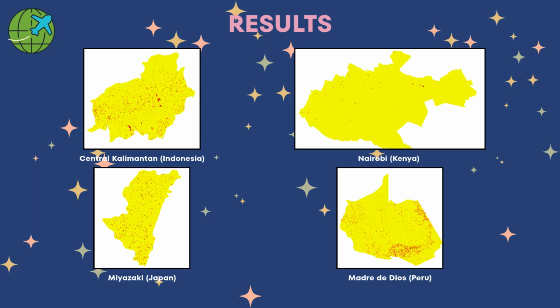Second highest is Central Kalimantan, Indonesia, driven by large-scale agriculture expansion, logging, and peatland fires. The second lowest is Miyazaki, Japan, with managed forestry with harvesting balanced by replanting. And the lowest one is Nairobi, Kenya, an urbanized region with limited forest remaining.